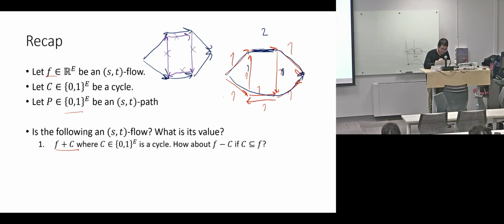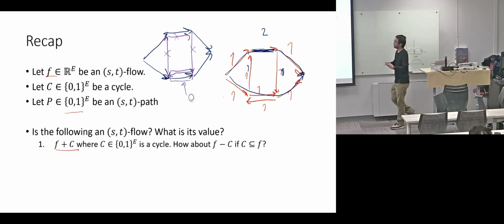Or if you think that in the beginning these 2 cancel and it's 0, like before I remove the cycle, it was 0. And if I subtract the cycle, then the flow would go in this direction.